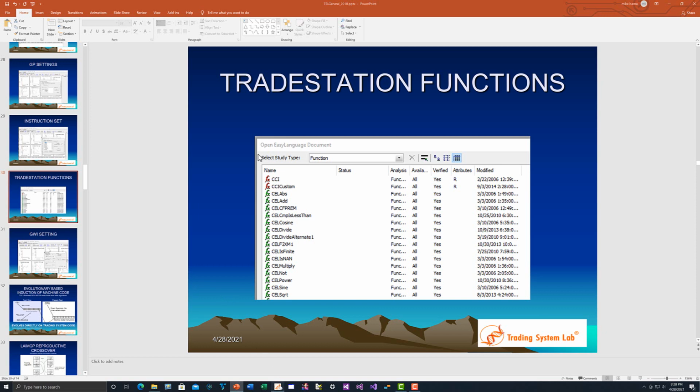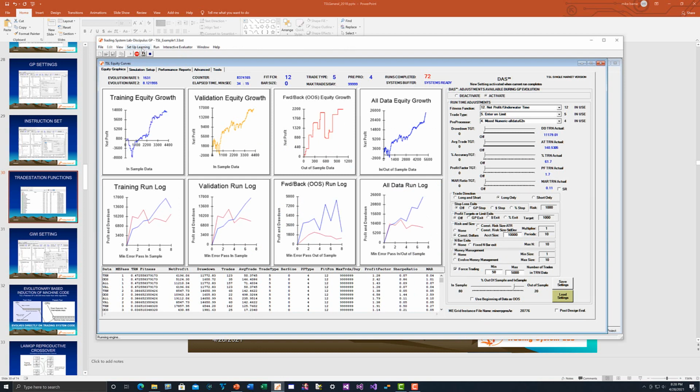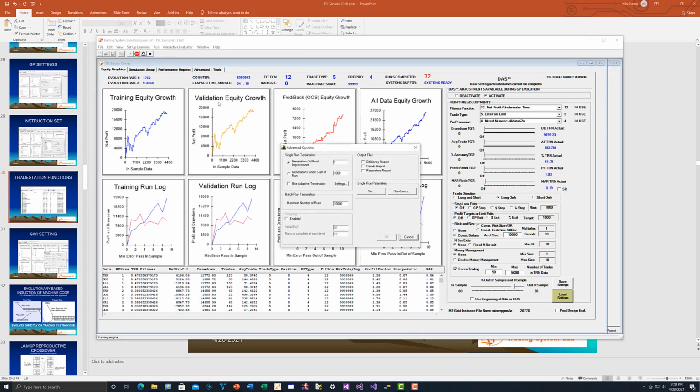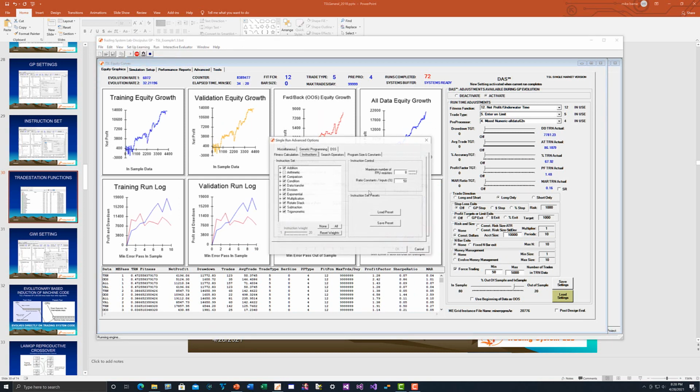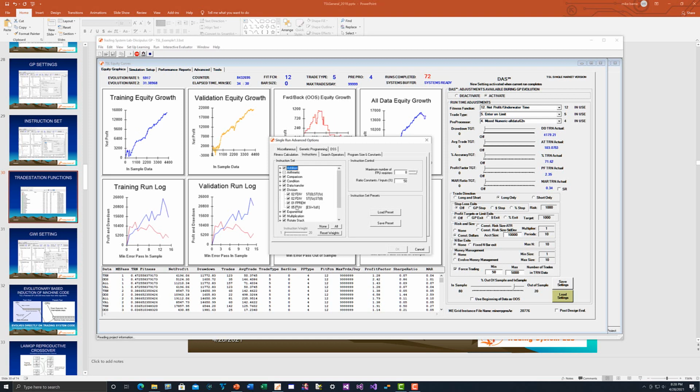The way to think about this is in Trading System Lab, when you go to options and then single run parameters and then the instruction sets, you'll see here under division that there are 4 different ways to divide in assembly code. Now in algebra, there's only one way to divide, right? A over B. But in assembly code, there's 4 ways to do the division.